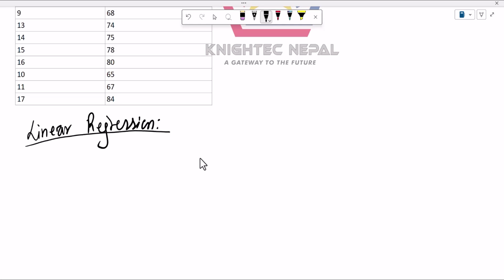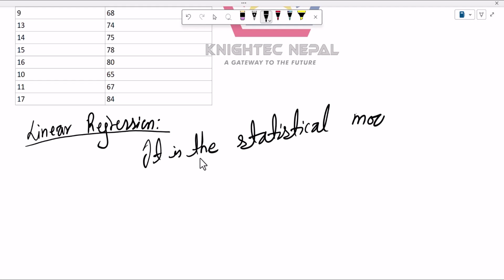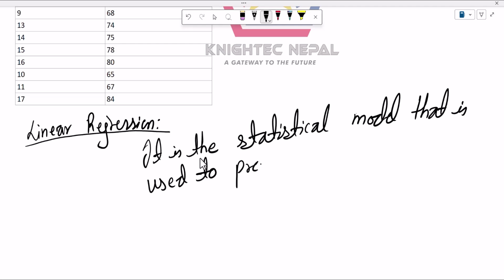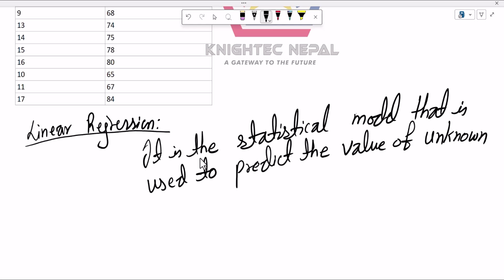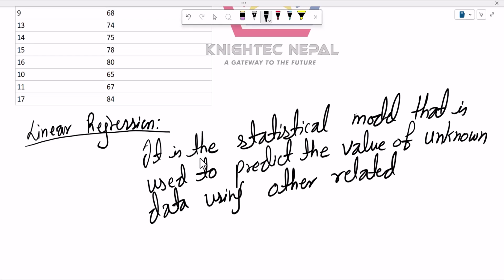Linear regression is a statistical model that is used to predict the value of unknown data using other related data value.